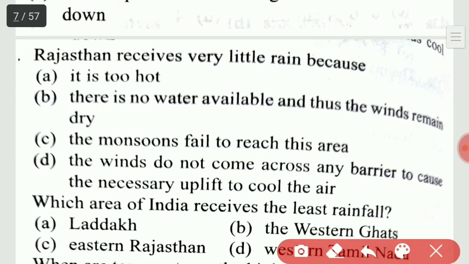Next, Rajasthan receives very little rain because... the right option is option D. The winds do not come across any barrier to cause the necessary uplift to cool the air.